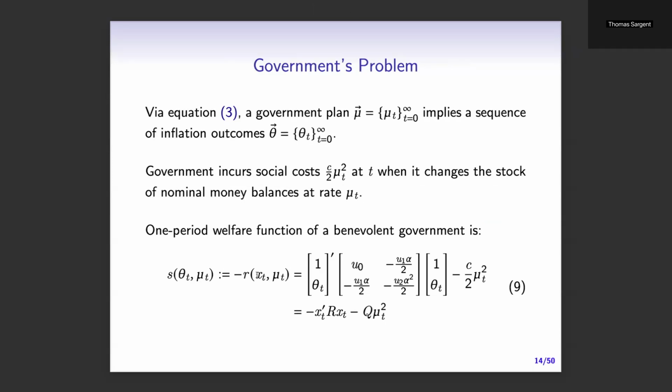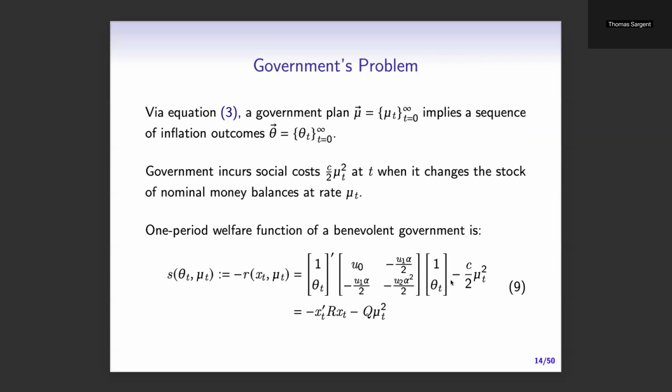I'm going to flip signs because my linear regulator problem is a minimum problem, but that's just a convention. So I'm going to define my criterion function as a quadratic form in the state, and a quadratic form in the control. And here's my R matrix, that quadratic form, and my Q matrix is that.